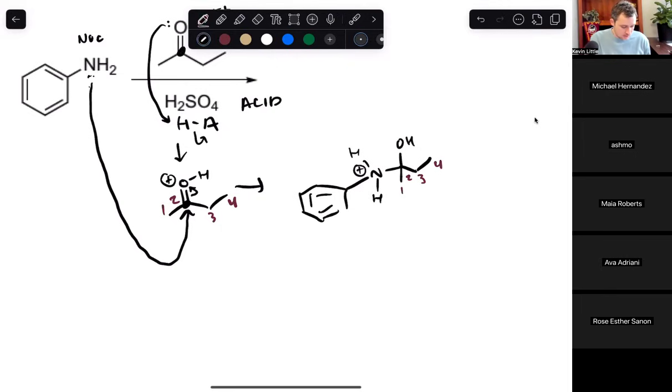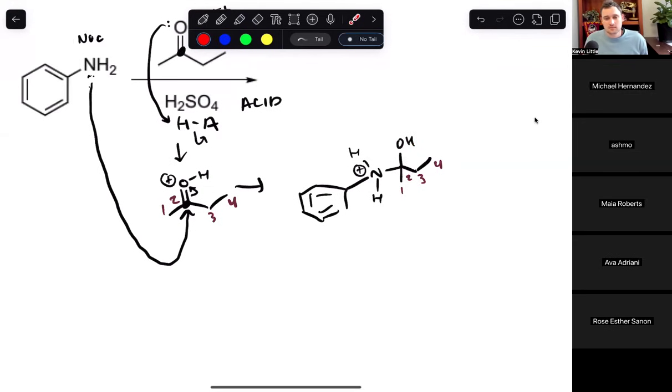So the nitrogen should be connected to carbon 2, which is here. Carbon 2 is connected to carbon 1 and carbon 3 and 4. So everything's in the right place. I've double checked my charges. Nitrogen has 4 bonds, so it has to have a positive charge. Oxygen has gained electrons. It has 2 bonds.